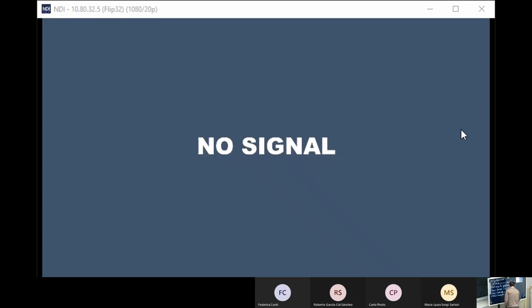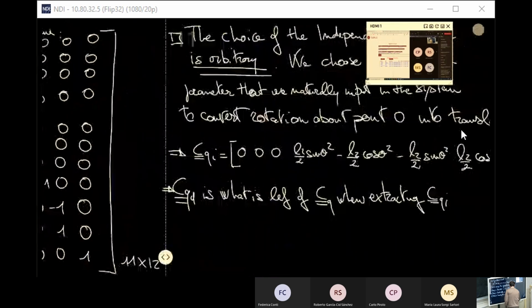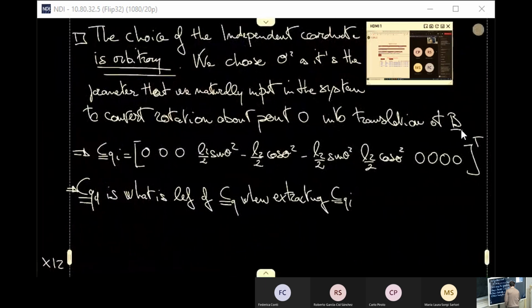Ensuring that the 11 chord equations, so that the constraints, are linearly independent. If the constraint equations are linearly independent, then CQ will have a full row rank, 11, and as a consequence, CQD will be non-singular. Does that lead to any constraints in the structure of the mechanism? We will see right away.